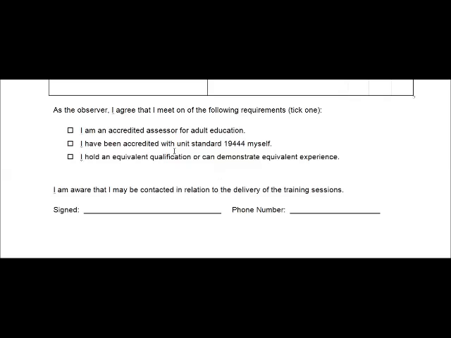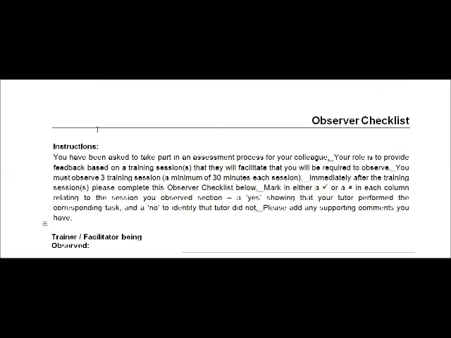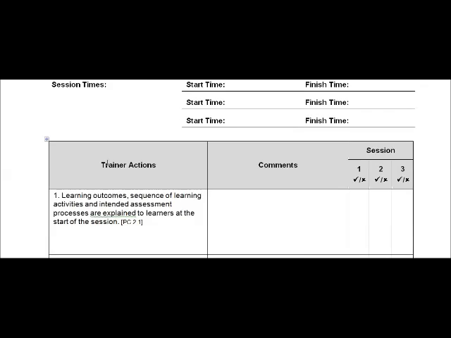So in that case, your observer could have the observation sheet for this one, 19444, in front of them, and at the same time they could also have the observation check sheet for 7115 in front of them as well. So doing two observations at the same time for two different standards, but the same training session. Okay. So your observer will fill in that form there.